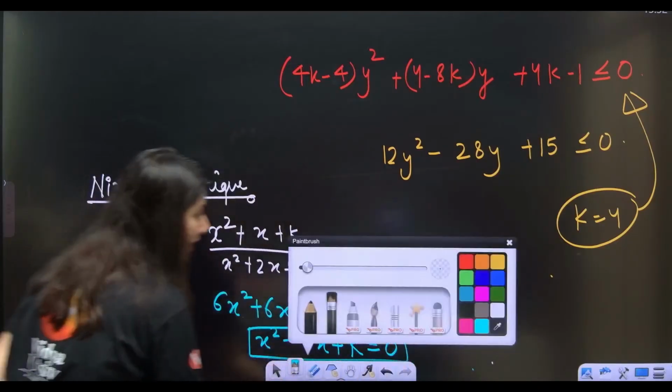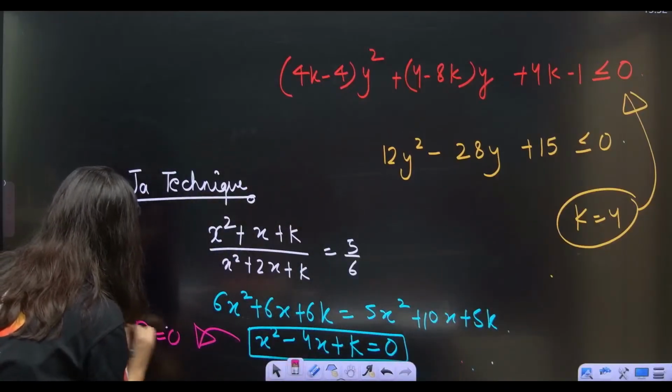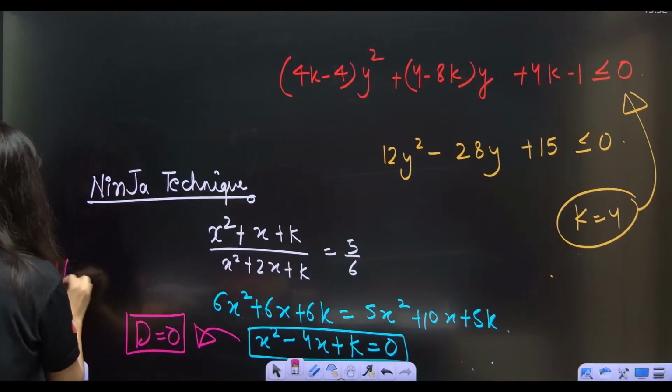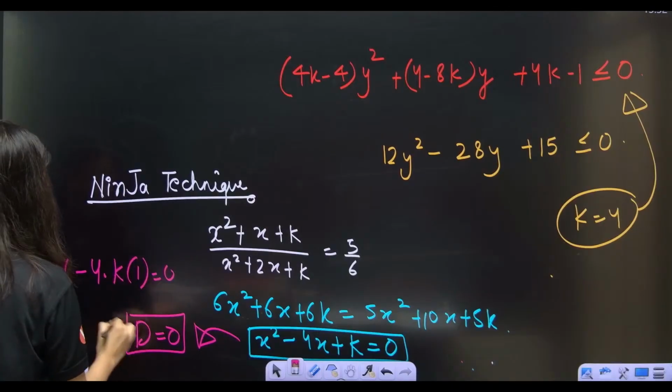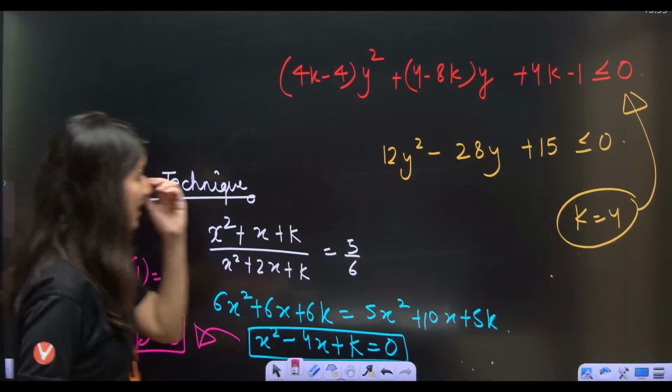Okay, now the trick is just make the discriminant of it equal to 0. So b square minus 4ac equals 0. So clearly from here k will be equal to 4.